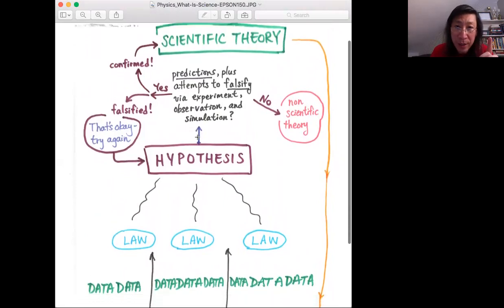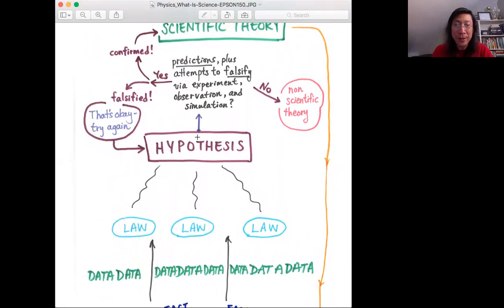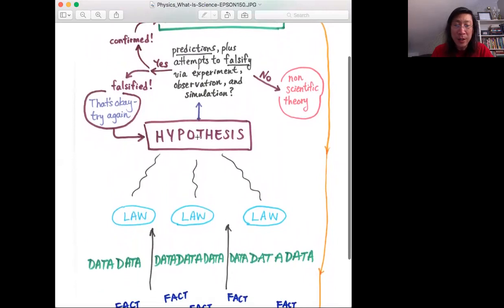So keep that in mind as we go on in the course and in the semester. Newton's laws of motion and Newton's theory of gravity provide mathematical laws that allow us to use them.